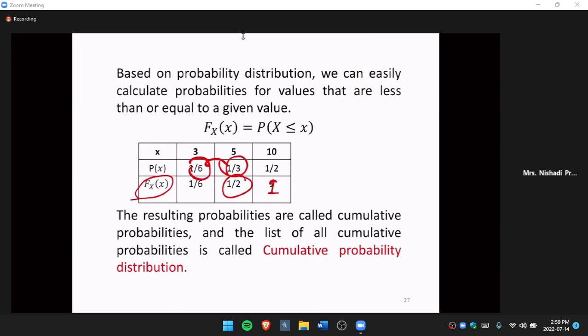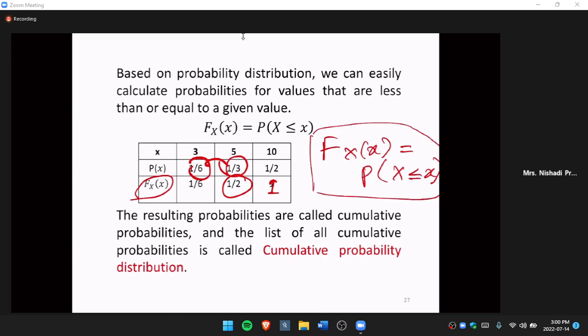So the function capital F of x is the cumulative probability distribution of the random variable x, and that is equal to probability when x is less than or equal to simple x. Understand?